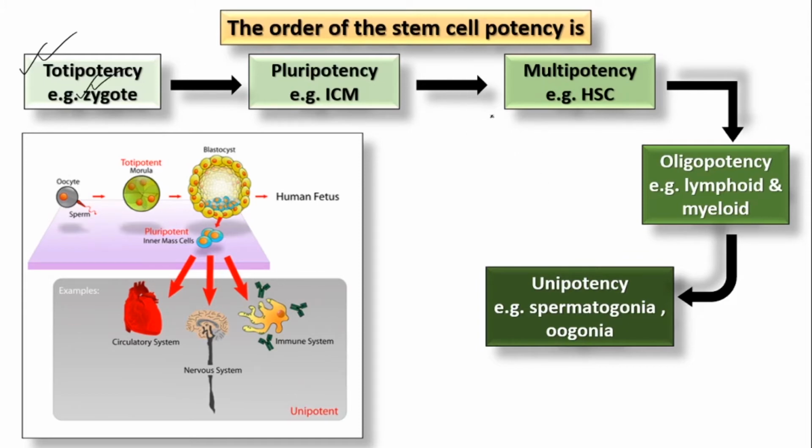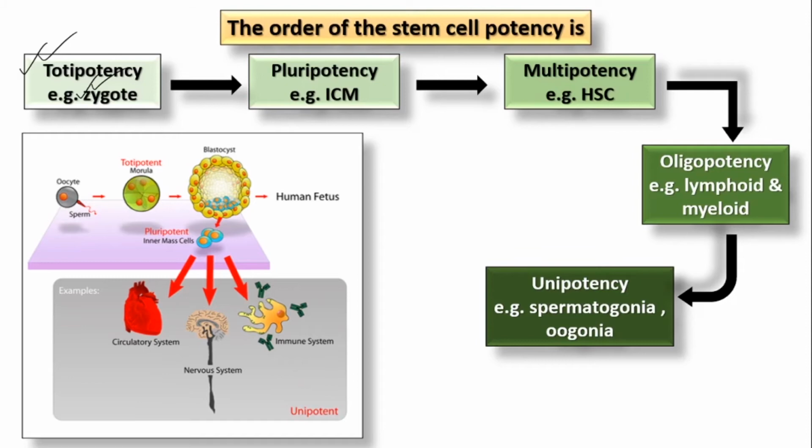After pluripotency, next is multipotency. The example of multipotency is HSC, that is the hematopoietic stem cells, because this kind of stem cell can form all kinds of blood cells but not other kinds of body cells in any living organism. Next is oligopotency.